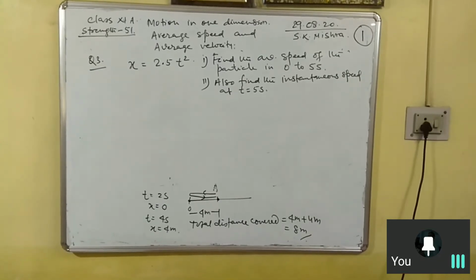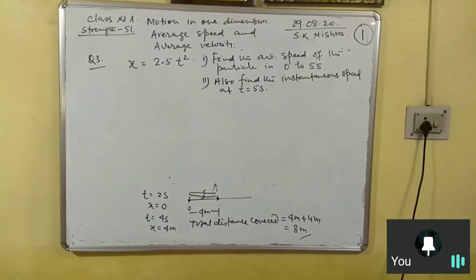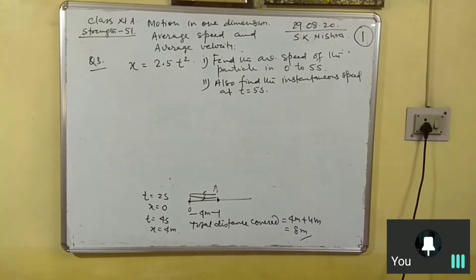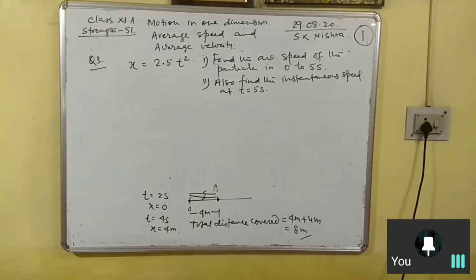Now you have to find the average speed in the time interval 0 to 5 seconds, and also find the instantaneous speed at t is equal to 5 seconds.